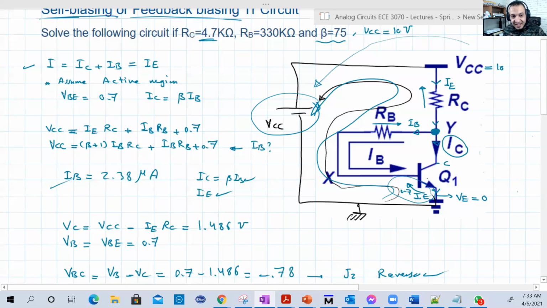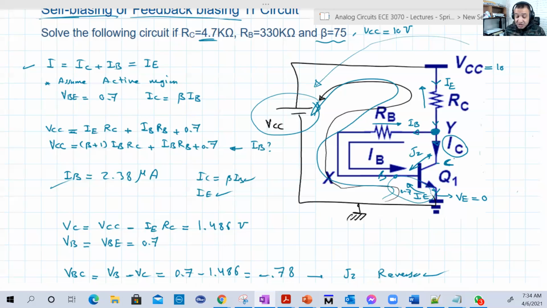And why is that? In active region, we want this junction here, J2, between the base and the collector, to be reverse or off. It might be forward, but with voltage less than 0.4, as we discussed many times before.